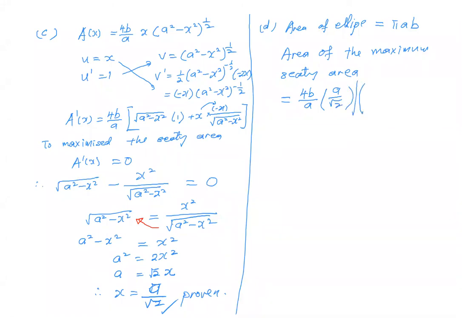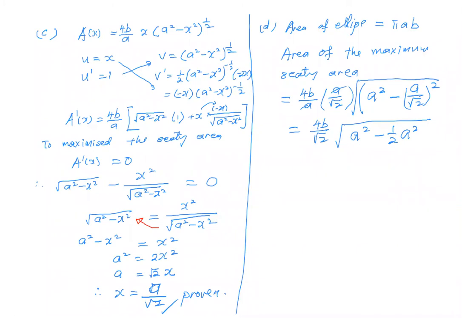This is the square root of a squared minus x squared, so x is a over root 2, the whole thing squared. So you get a and a cancel, 4b over root 2, and this is a squared minus half a squared. Am I right?